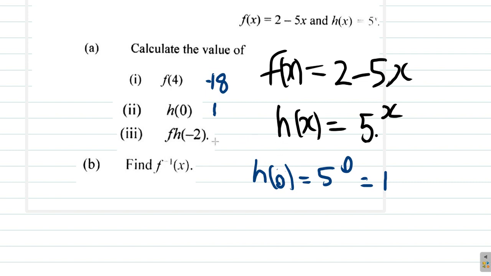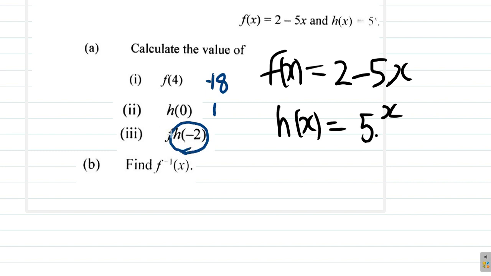Now, you have fh of negative 2. This is a composite function. Alright? Now, you can combine them to get fh of x and then substitute negative 2 for x. What you can also do is find h of negative 2 and put the answer you get into f. So remember, it's going to be the function on the right, work that out.